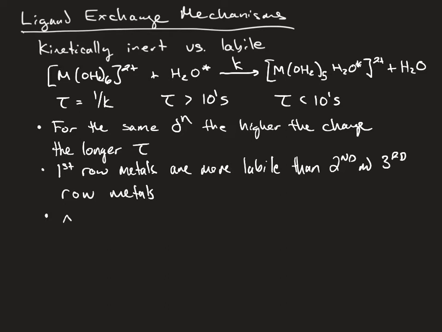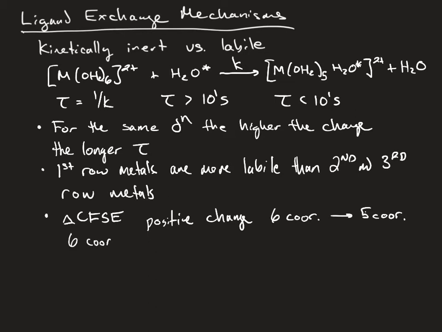So if you look at the change in crystal field stabilization energy, if you have a positive change upon, for example, going from a 6-coordinate to a 5-coordinate species in the case of a dissociative mechanism, or a 6-coordinate to a 7-coordinate species in the case of an associative mechanism, then this is going to correlate with a negative change in the overall enthalpy upon going to that transition state, which is going to lead to a more kinetically labile species.